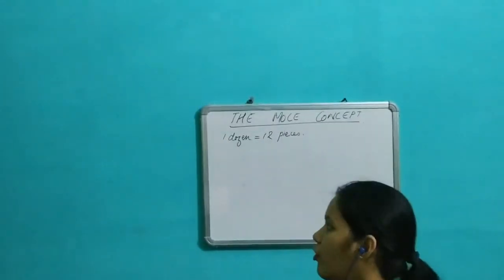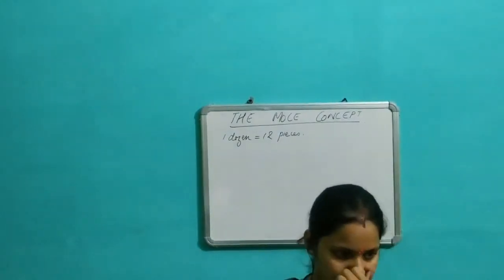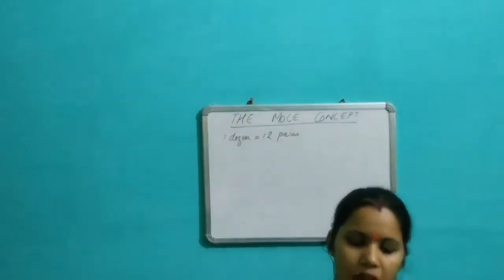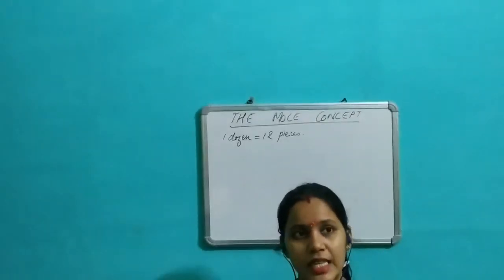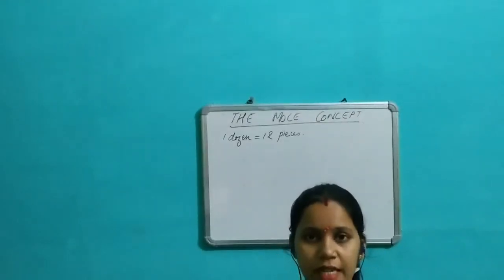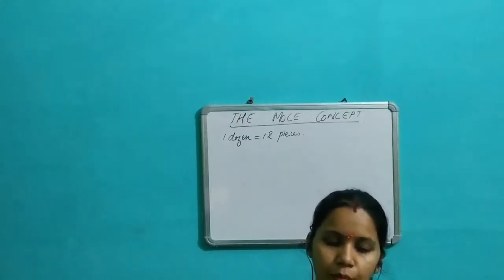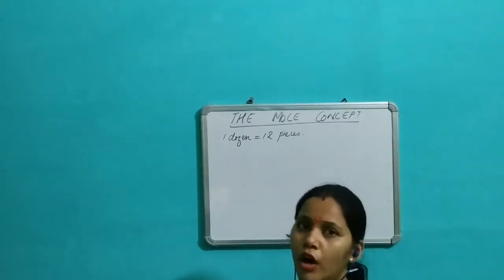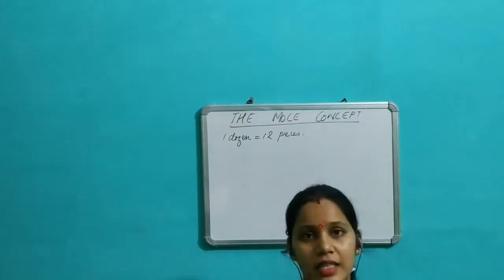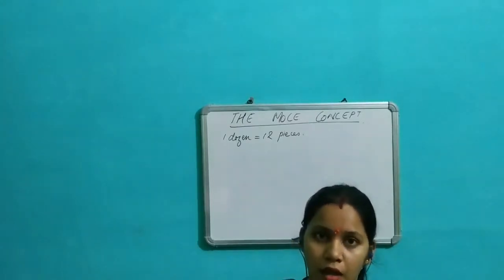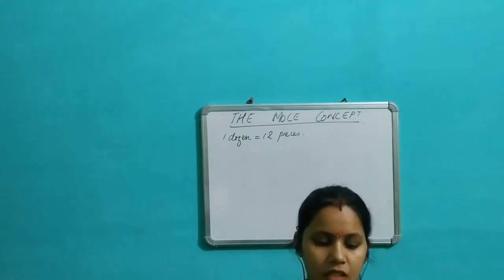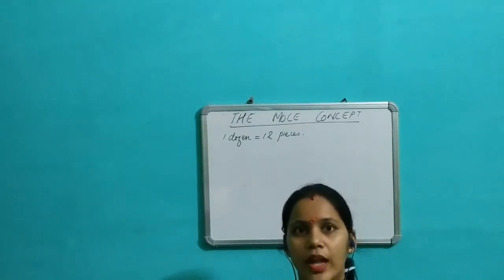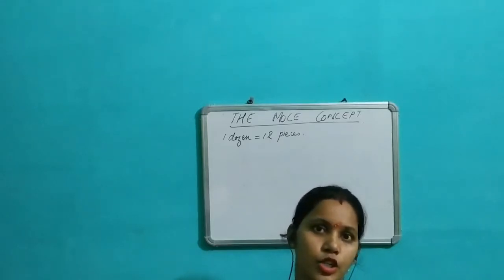Alright, therefore the mole is defined as the amount of substance which contains the same number of chemical units, that is atoms, ions or molecules, as there are atoms in exactly 12 gram of carbon-12.